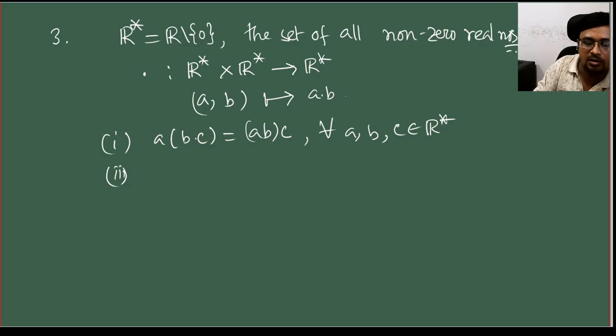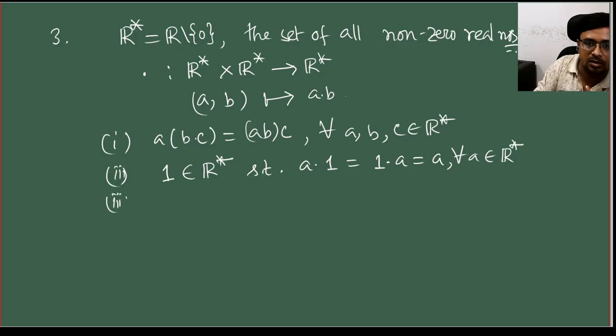The second property is that there exists 1 in R star, satisfying A times 1 equal to 1 times A equal to A for all A in R star. And the third one is that given any A, a non-zero real number, its inverse exists.